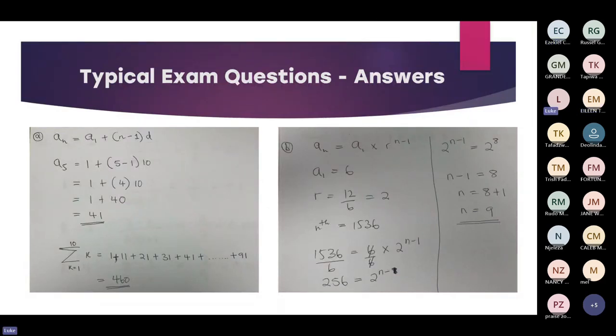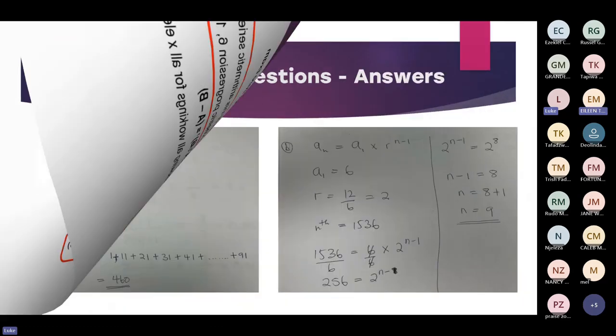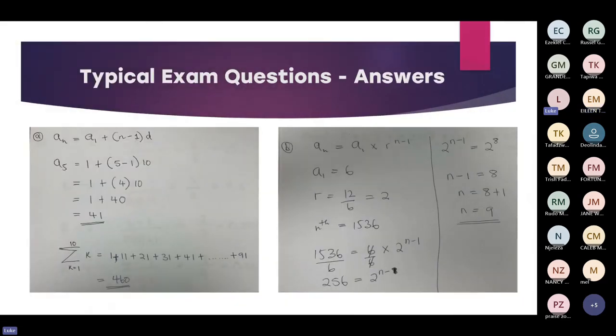Right. So the other example that we've given is the B part, where they are also talking about finding the number of terms in the geometric progression. We can also use the formula that we looked at, but for this one we had already done to find out the number using this other formula.